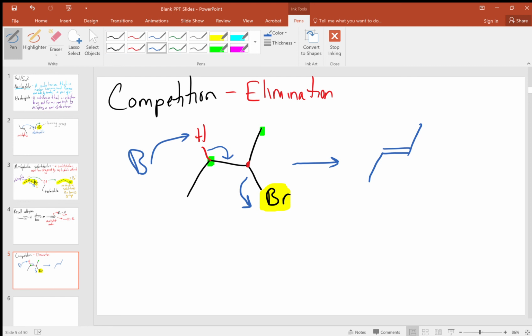Now, given that there are some similarities between a molecule being a base and a molecule being a nucleophile, how do we determine which one can take place? And are there cases where both elimination and substitution can take place? So there's a number of factors we have to look at.